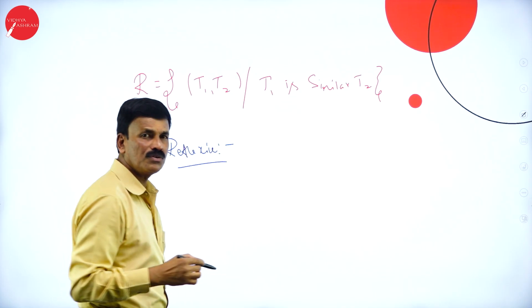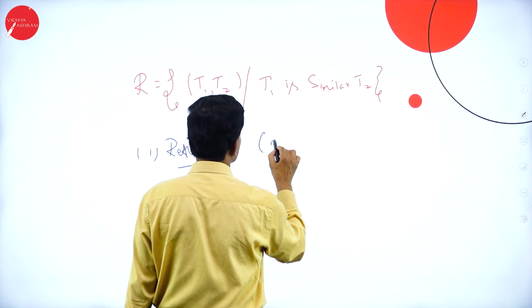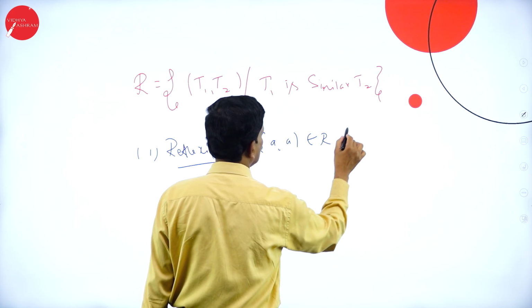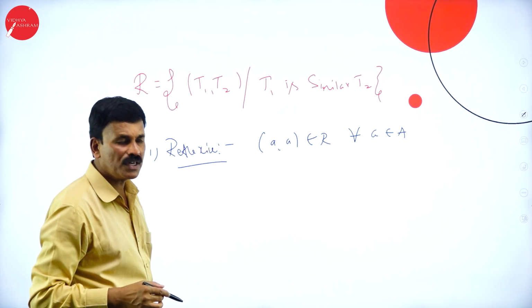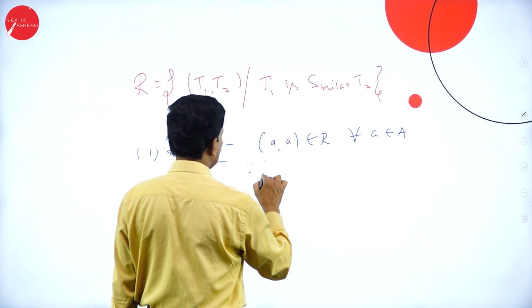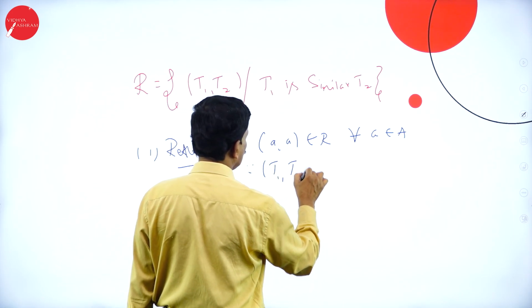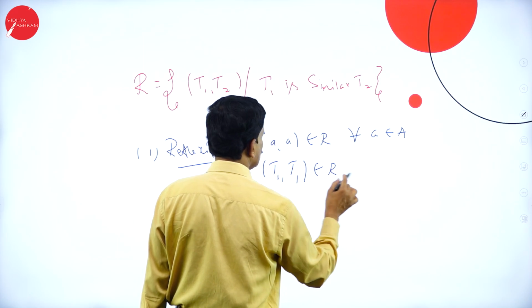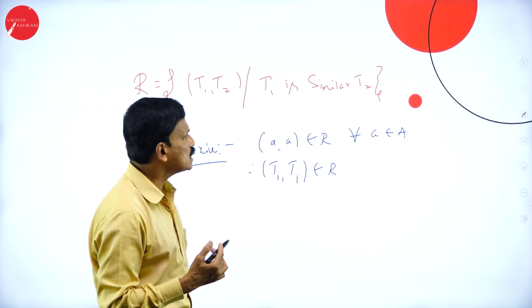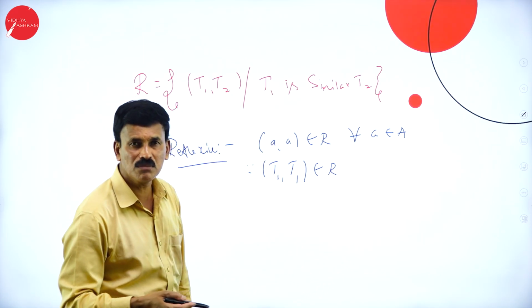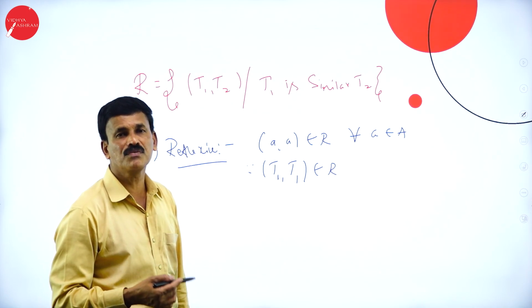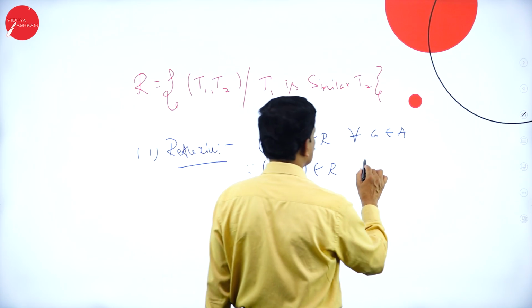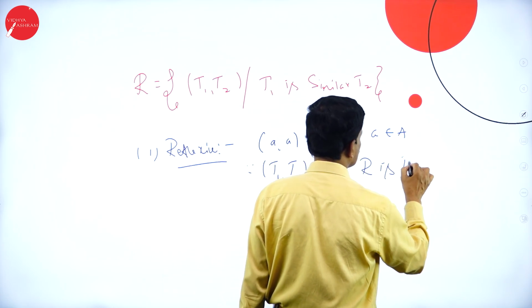What is reflexive? (a, a) belongs to R for all a belonging to the set A. Now verify: (T1, T1) belongs to R, that means every triangle is similar to itself. Therefore, R is reflexive.